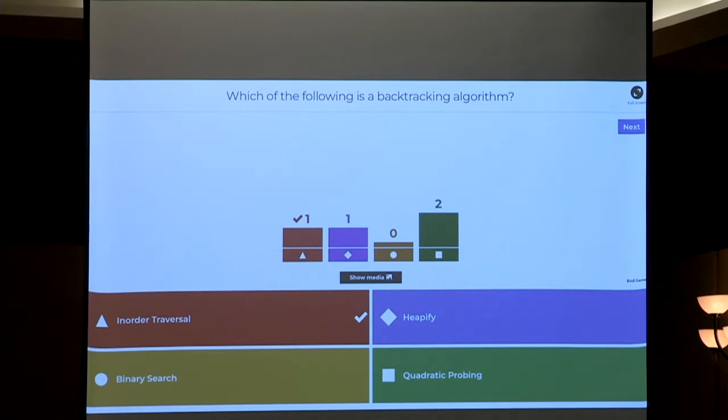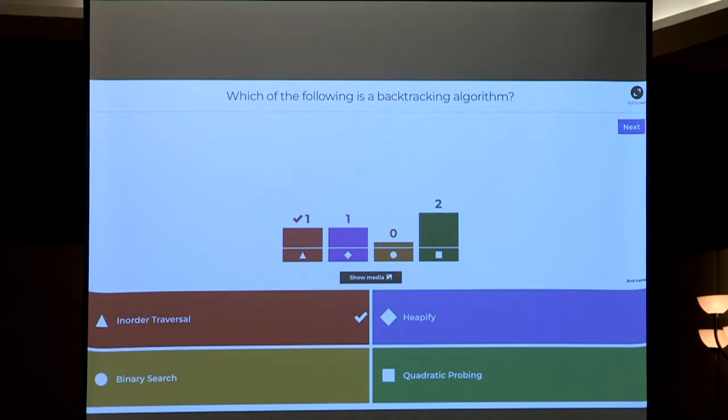In-order traversal, though, is a backtracking algorithm, because you go down one branch, and then you come back up, and then you go back down, and you're avoiding previous states, and you're doing a recursive descent, and all that stuff. It is a backtracking algorithm. Pretty much anything to do with a tree is a backtracking algorithm, secretly.